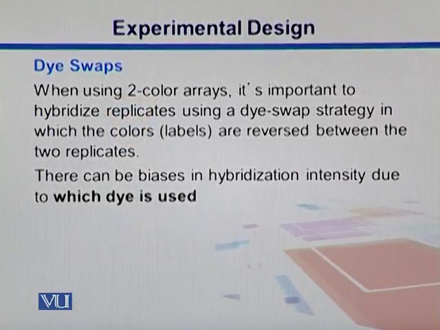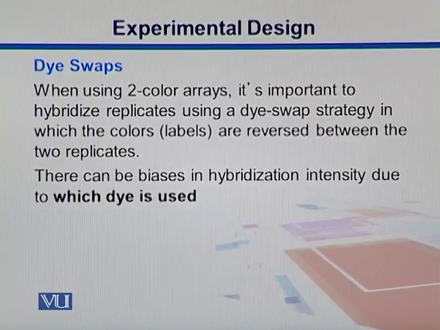While we are using 2-color arrays, with the dyes green and red, sometimes there is a bias, because specific kinds of samples interact differently with different dyes. So in order to reduce these biases, we swap the dyes.